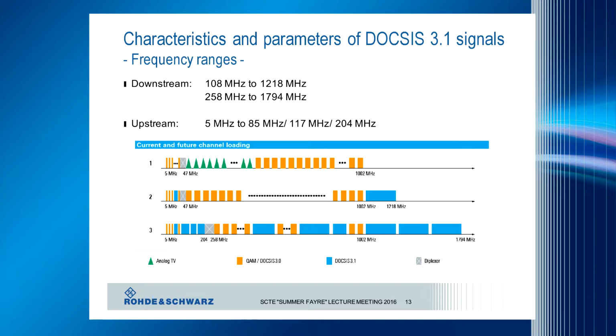With DOCSIS 3.1, a new frequency border between upstream and downstream is also defined. It could be at 107 megahertz, for example, or at 85, and can be increased to 117 or 204 megahertz if you're using the complete spectrum up to 1.8 gig.